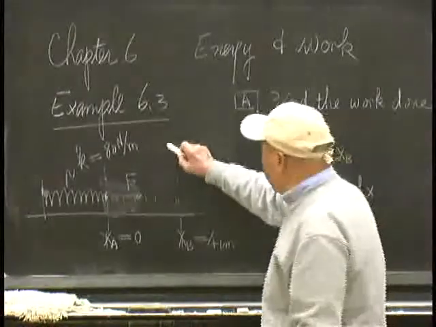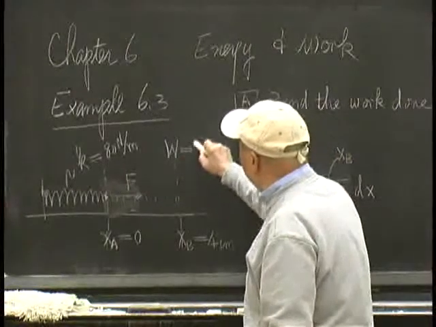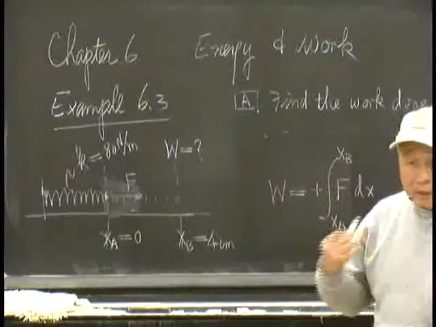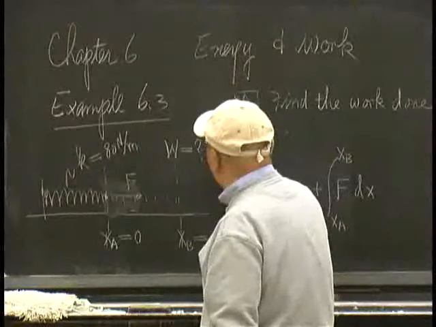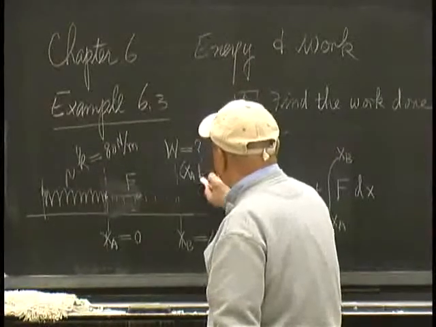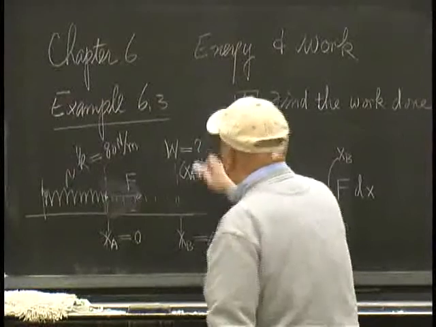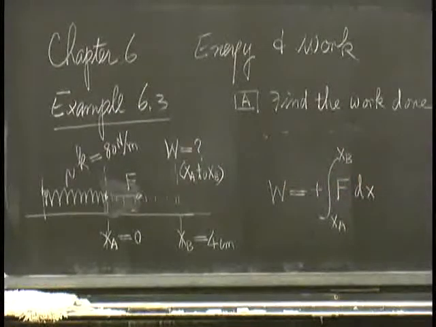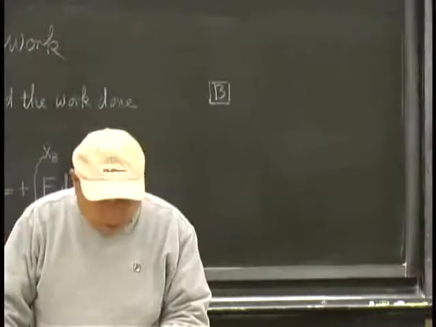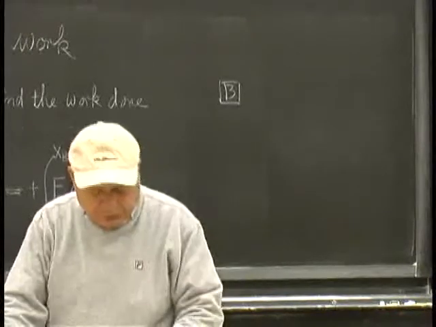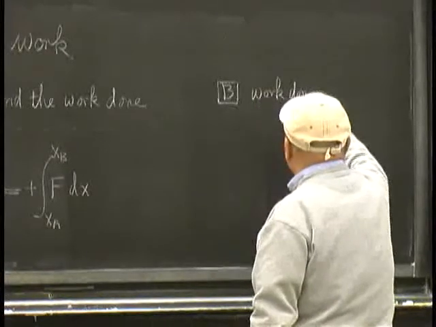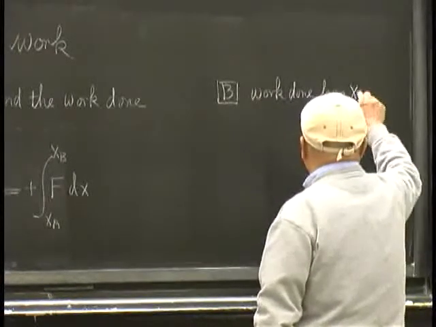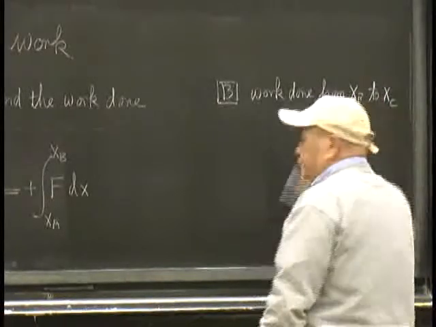So what is being asked? Number 1, part A: the work from XA to XB. Then part B, again he says, find the work done on the stretching, from XB to XC.